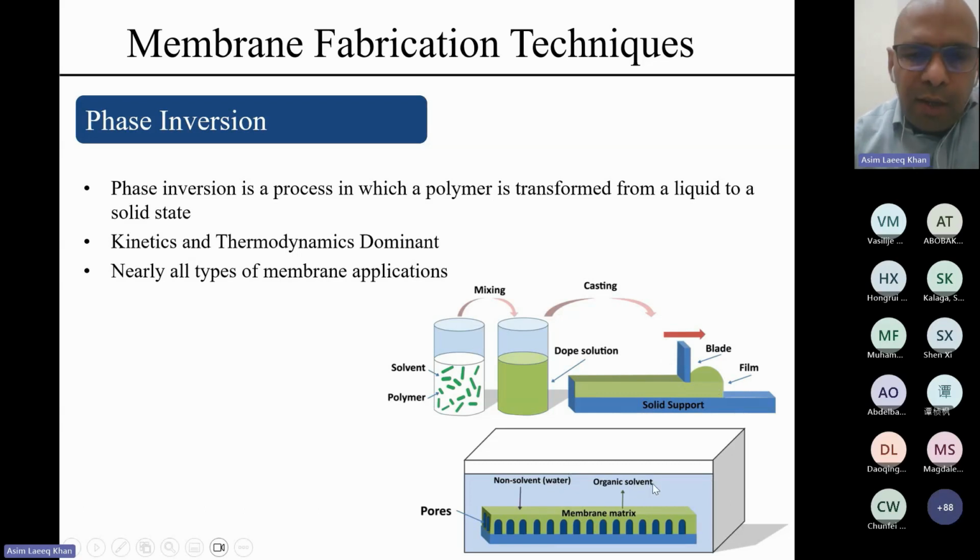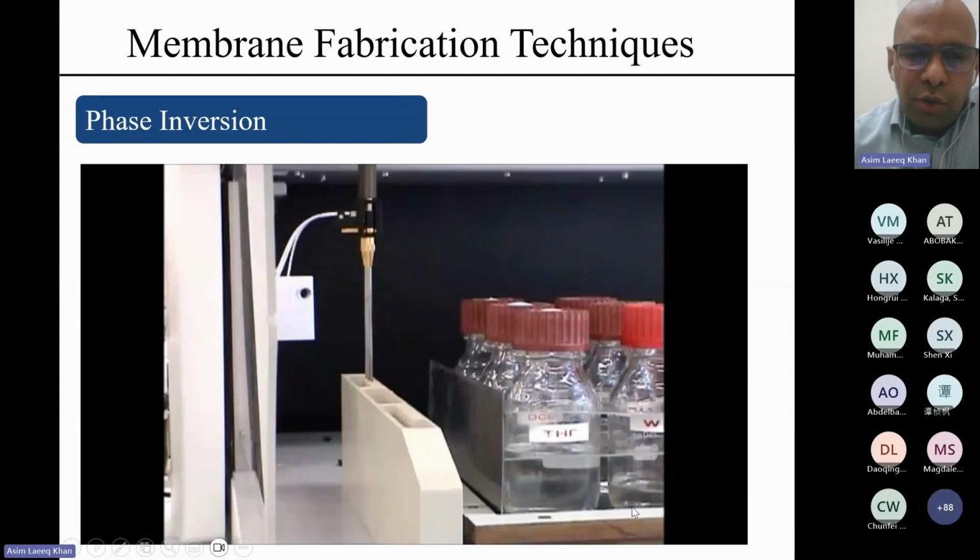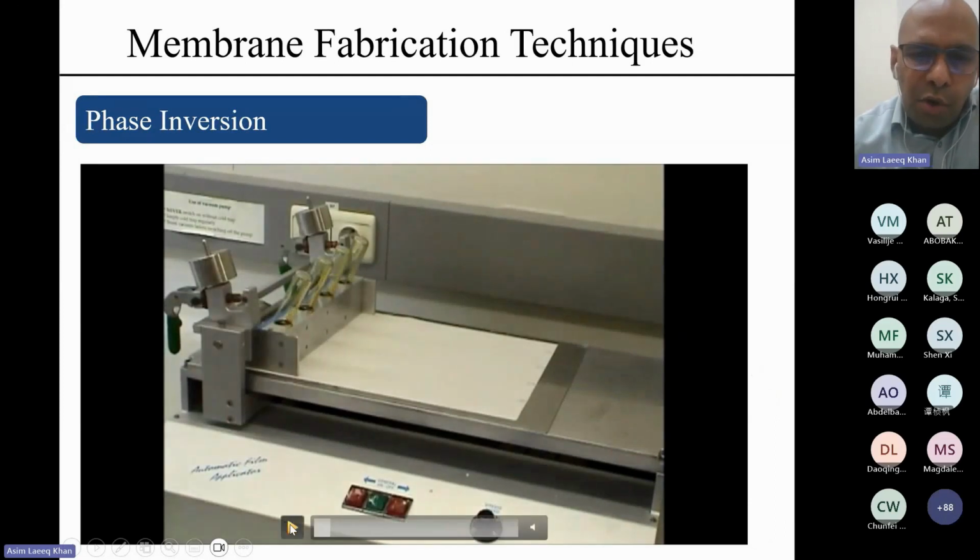Non-solvent means the solvent in which our polymer does not dissolve or has negligible solubility. As a result, inversion of phases takes place, and we get from a liquid phase to a solid film. I will show you with a small video how this process takes place at a lab scale.